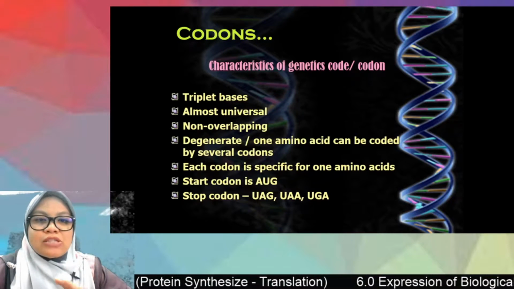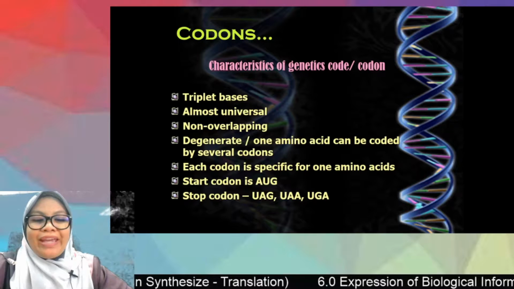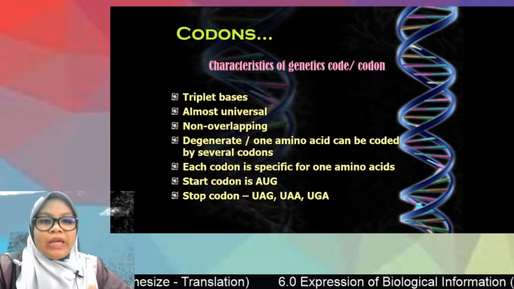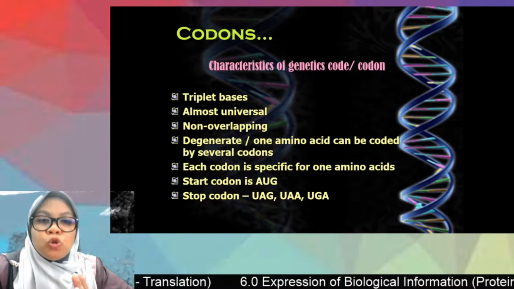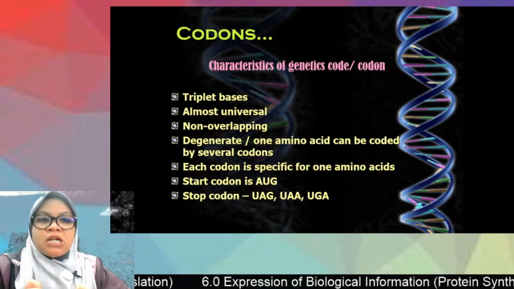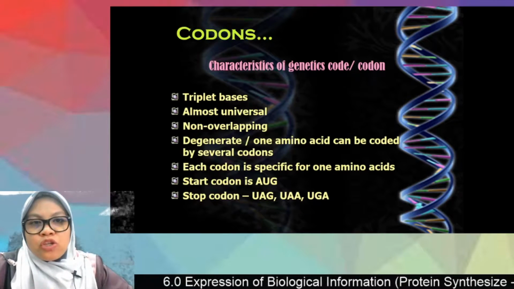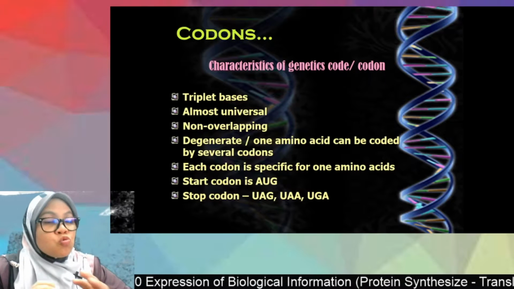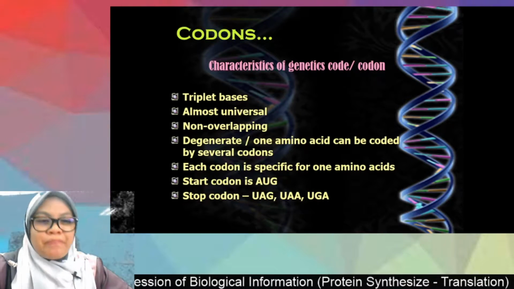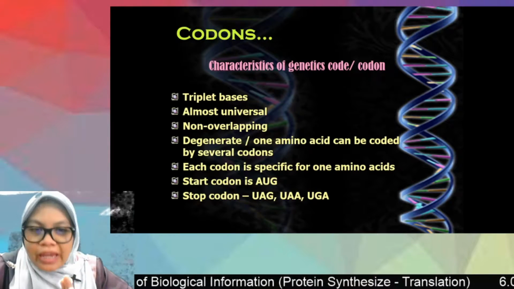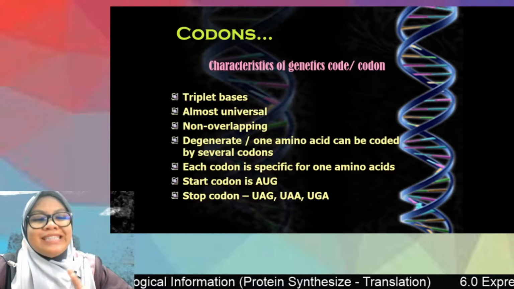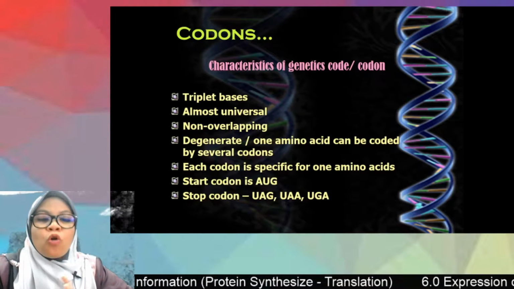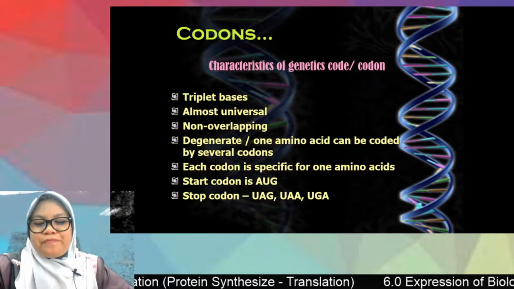So we have 3 stop codons, which are UAG, UAA, and also UGA. So remember, start codon is AUG, stop codons are UAG, UAA, and UGA.